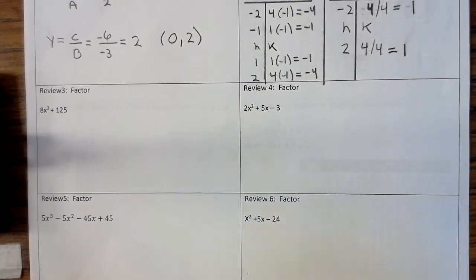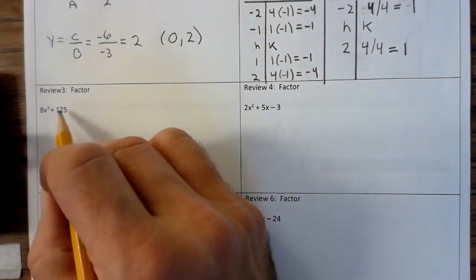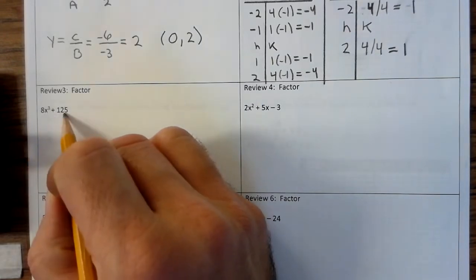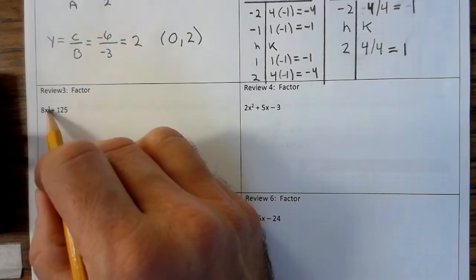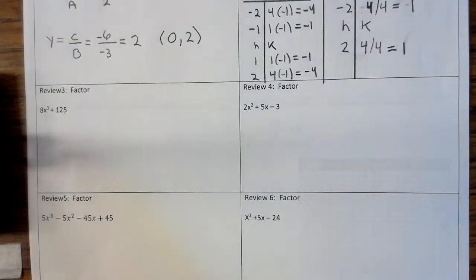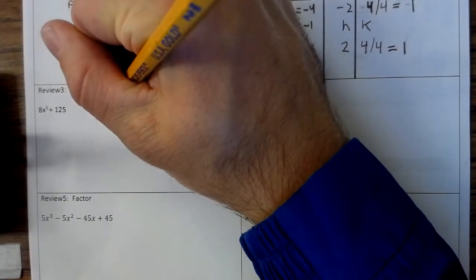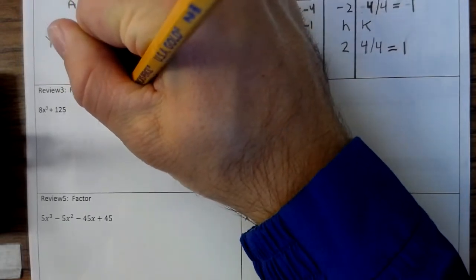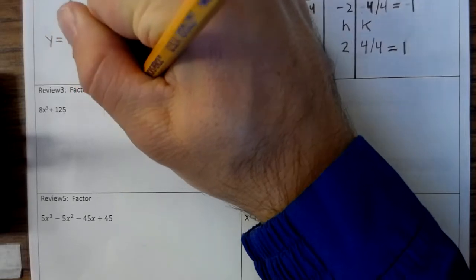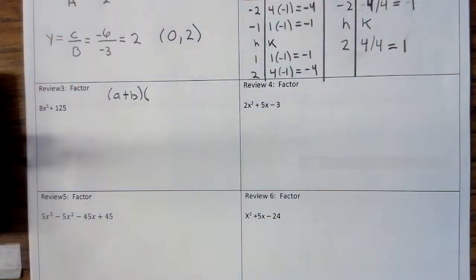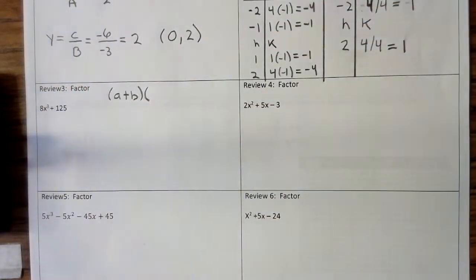Okay, factoring. Now, the first thing you do is you see if there's something you can factor from both of those numbers. Doesn't look like there is. I see the cubed. So now we know we use the sum and difference of cubes. So we know we need to come back to our notes. And so we know that's A plus B times, and actually I'll pull my notes myself just so I don't make the mistake.